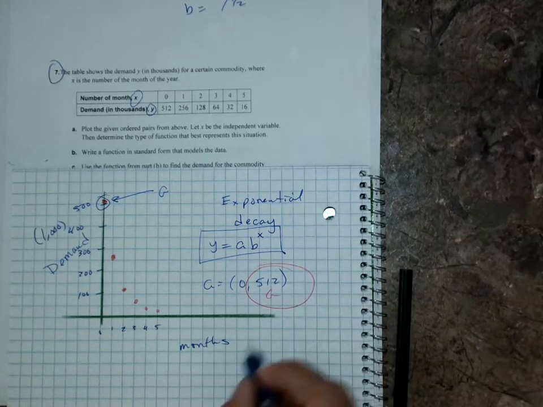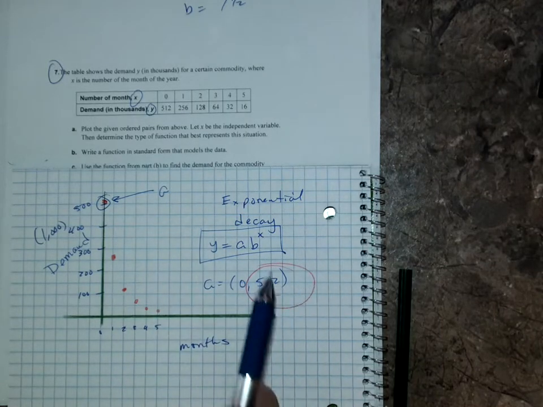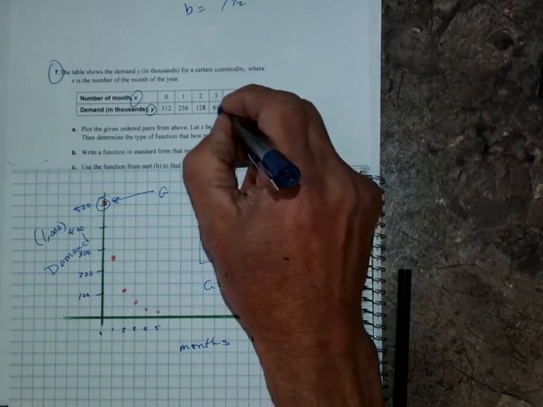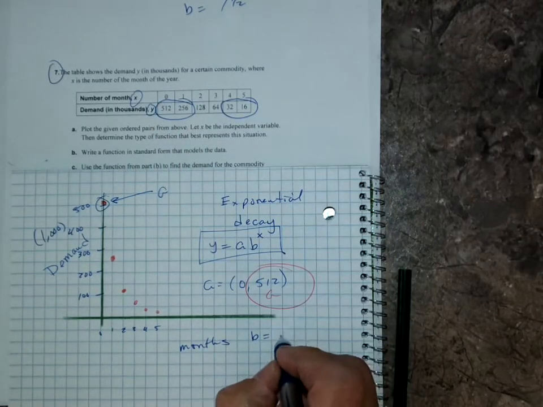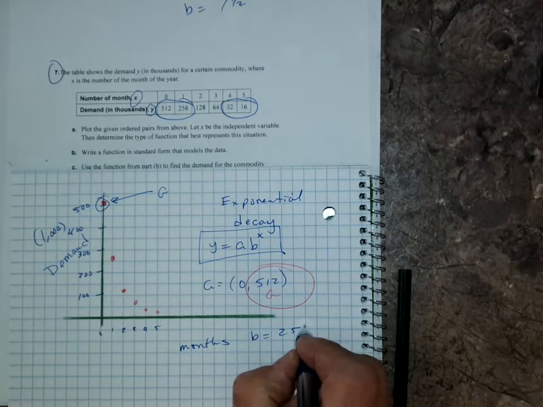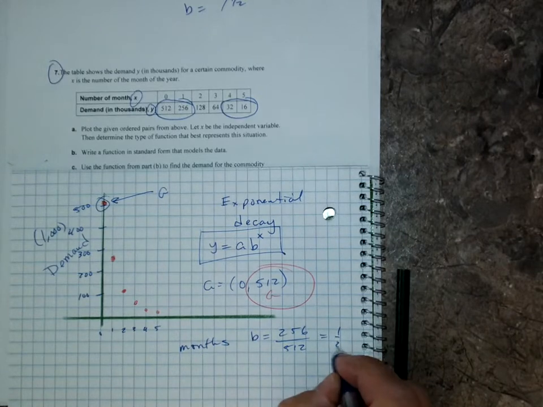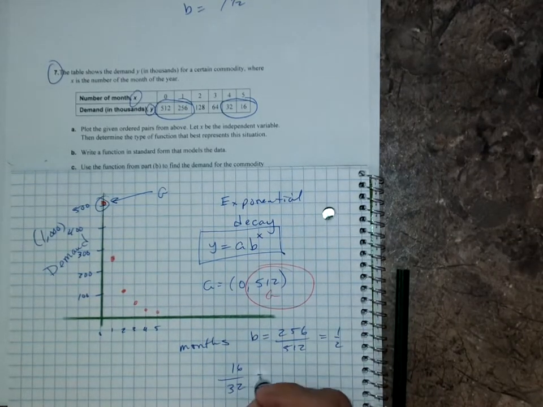To find B, I'm going to take any value, second value, and divide it by the first value. So I can take any of them, right? Let's do these two. If I take the second one, 256 divided by 512, it reduces to 1/2. Or if I take 16 divided by 32, it's 1/2.